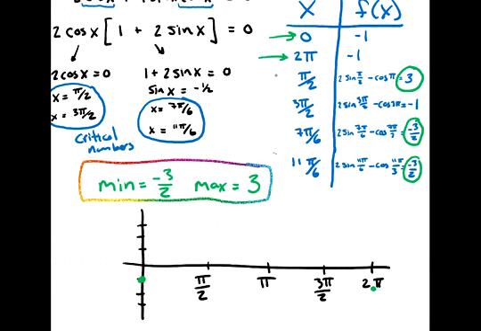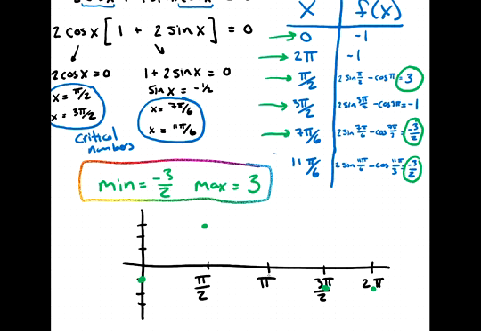Again, when we have x is equal to pi over 2, our y value is up here at 3. And when x is 3 pi over 2, our y value is down here at negative 1. When x is 7 pi over 6, so that's just past pi.